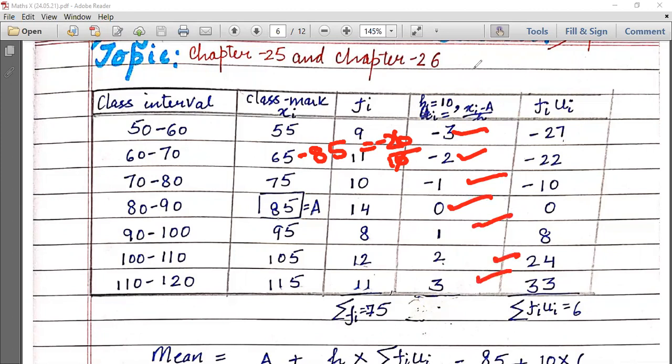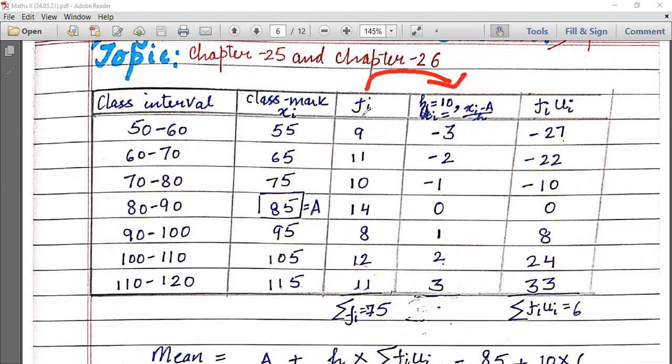Okay children. Now you have to multiply each ui with its fi. So 9 threes are minus 27, 11 into minus 2 is minus 22, 10 into minus 1 is minus 10, 14 into 0 is 0, 8 into 1 is 8, 12 twos are 24, 11 threes are 33. Now children, you have got all your fi ui.